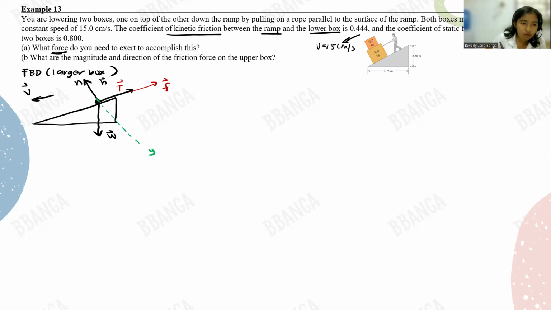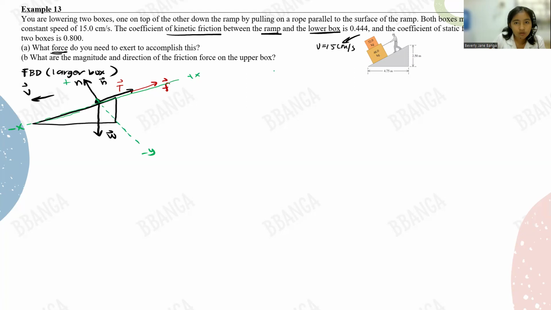And therefore, itong surface natin ang x-axis. Kasi hindi siya mukhang perpendicular, pero perpendicular siya dapat. Okay? So, ngayon, ito yung positive y, yung negative y, positive x, negative x. So, ganyan yung ating orientation.